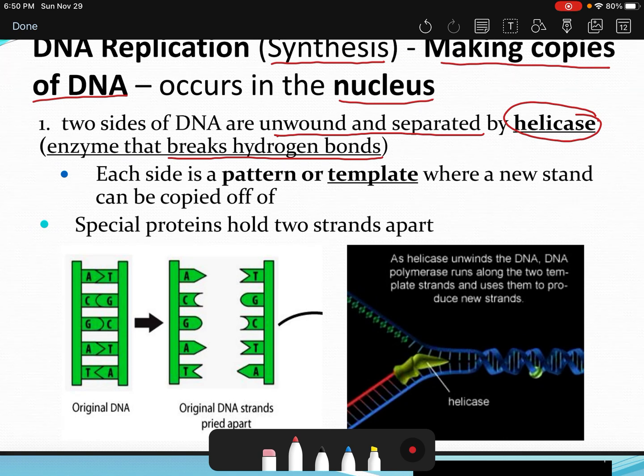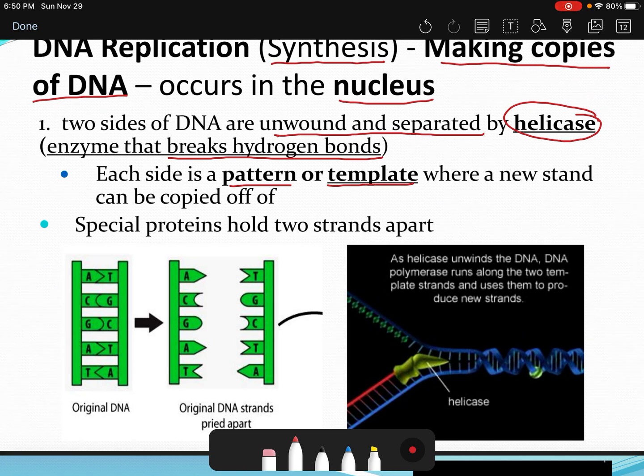Each side then acts as a pattern or a template where a new strand can be copied off of. So when we separate that DNA into its two separate strands, each strand acts as a template or a pattern to be copied off of to make a new DNA molecule. There are also special proteins that kind of hold those, because DNA, because it's a double helix, likes to keep winding up.